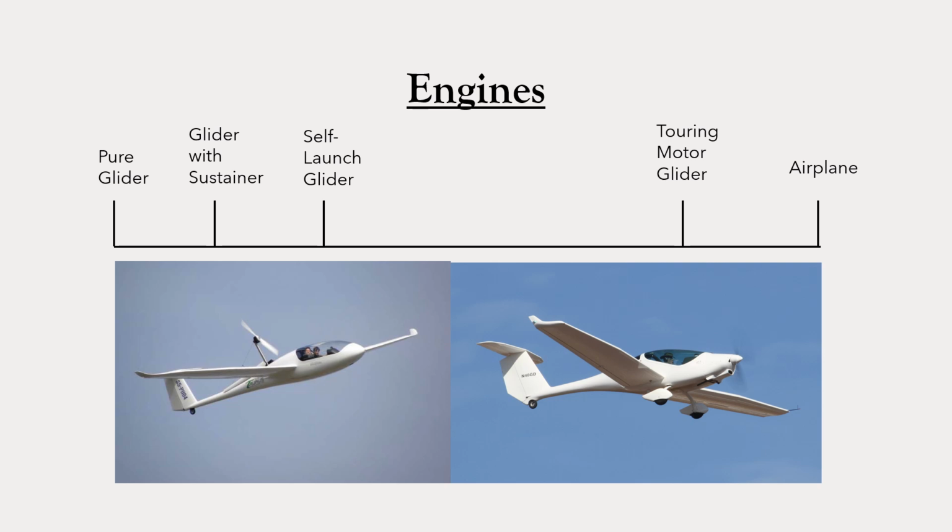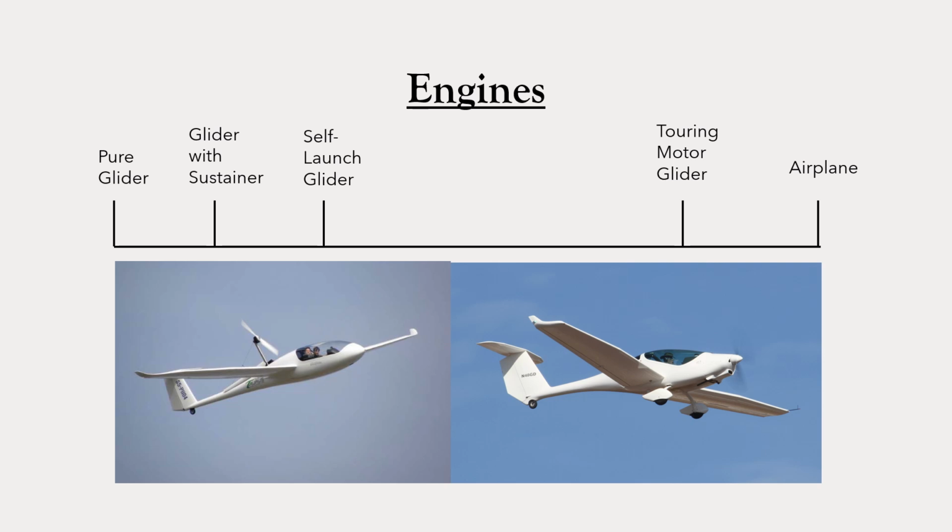You can deploy the engine and use it to climb to a higher altitude to extend the soaring day and not have to land and get launched again. But a sustainer engine isn't sufficient to take off with, so you still need a tow plane or a winch.